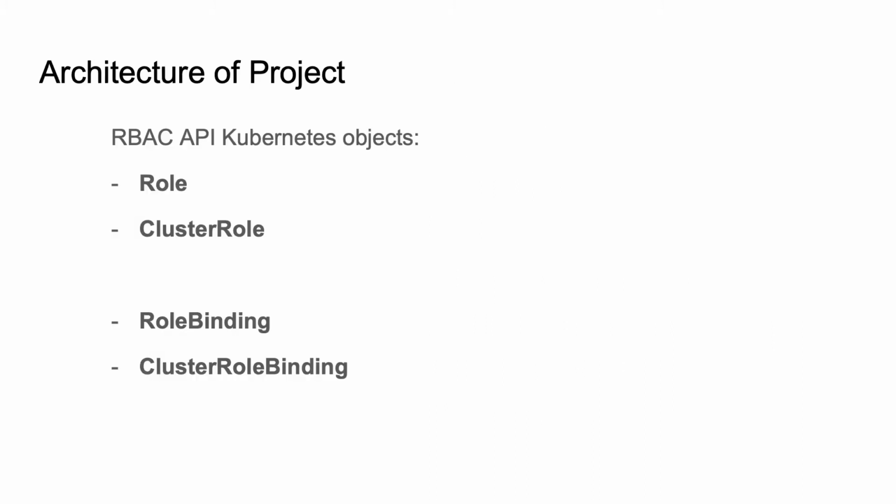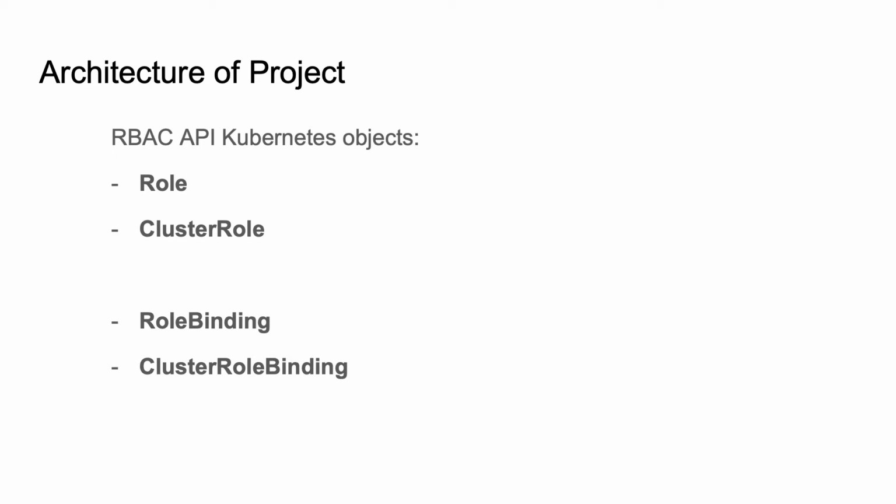Thanks, Nirika. Now, Rahul and I will talk about the design of the architecture of our project. Before that, I need to go over some related concepts of role binding. In Kubernetes, the role-based access control API declares 4 kinds of Kubernetes objects: role, cluster role, role binding, and cluster role binding.